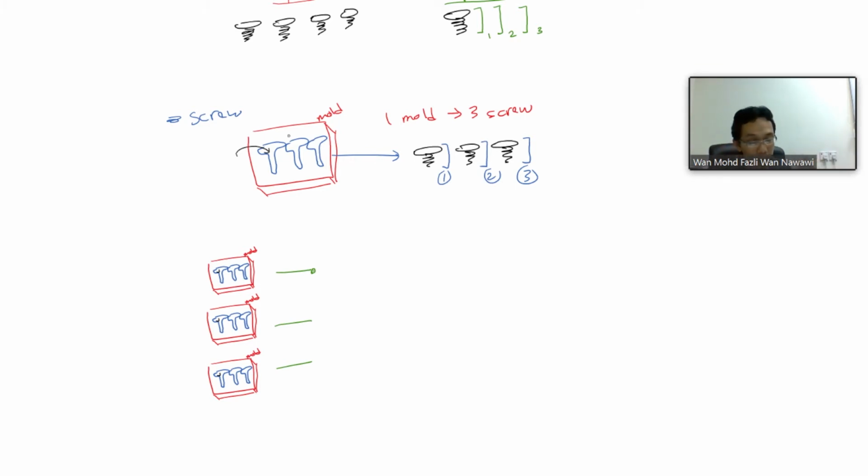Let's say this counts as one measurement. It doesn't matter whether you count one screw or all 3 screws, but for replication, it needs to be totally different.